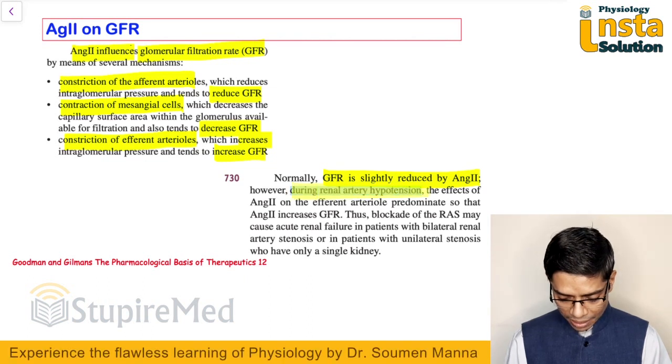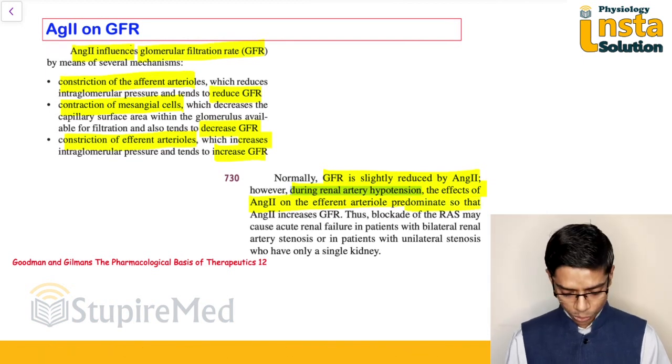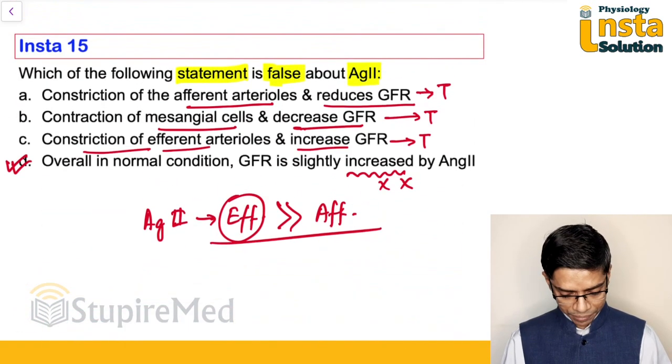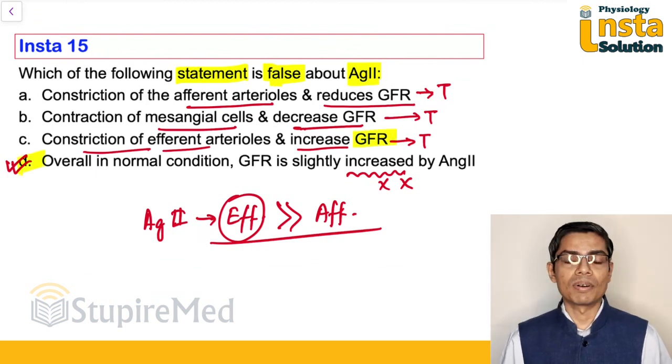However, during renal artery hypotension, the effect of angiotensin on the efferent arteriole is predominant, so angiotensin II causes an increase in GFR. So please remember, in this question everything is a true statement, but D is false, because in a normal person angiotensin II slightly reduces the GFR, but in a pathological state it increases the GFR by more efferent arteriolar constriction.